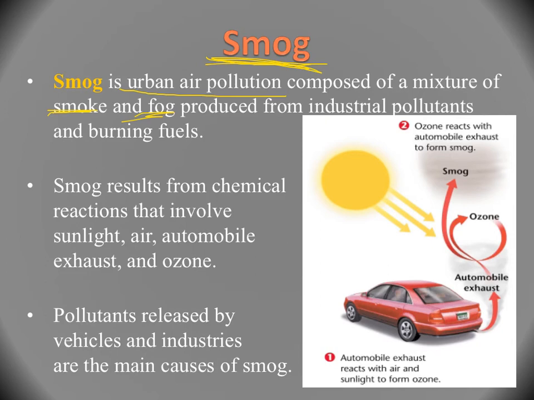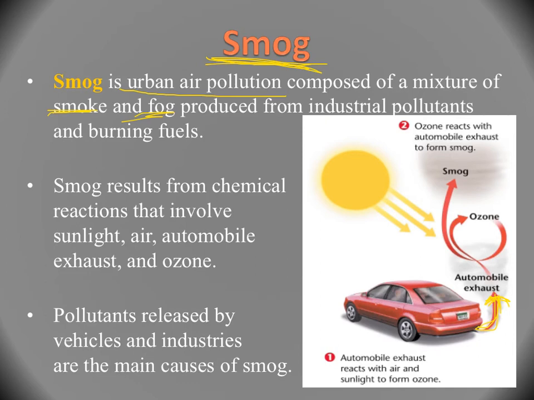And really what ends up happening, you see it best in this picture here, is we have automobile exhaust, which contains some different chemicals in it: carbon monoxide and sulfur dioxides and nitrogen oxides.